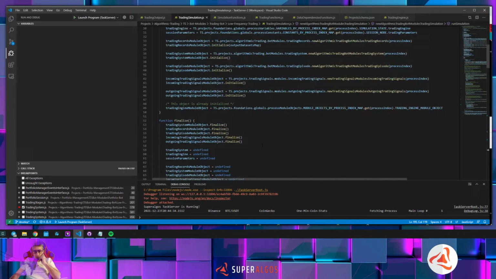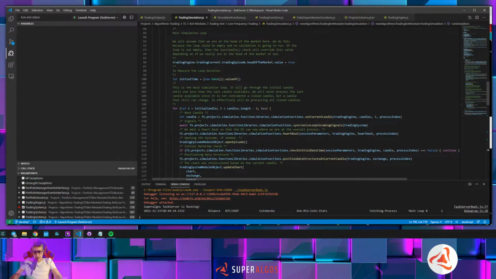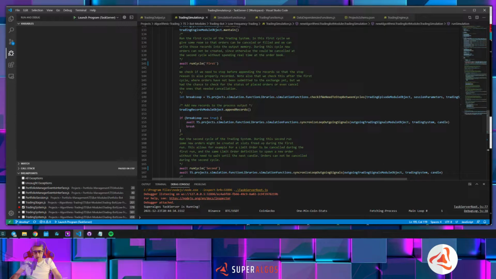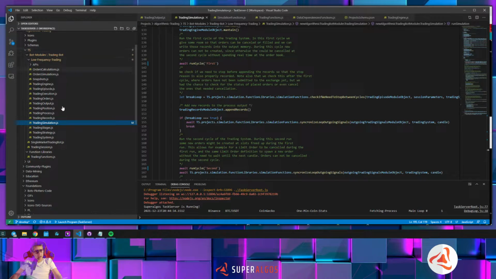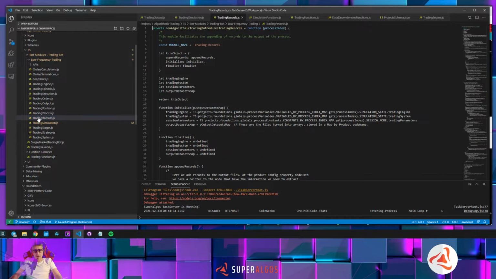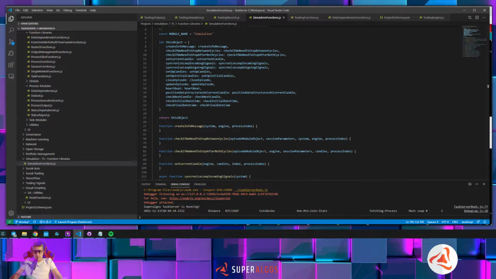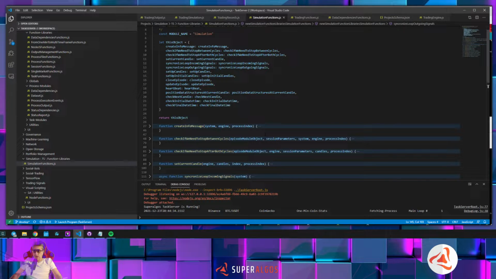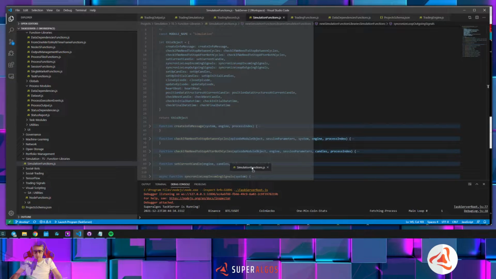One thing that caught my attention is these trading records. Trading records. Let's load that stuff. Trading records. So I would say that simulation functions, trading function, okay, I will leave that open, but probably put it down here.